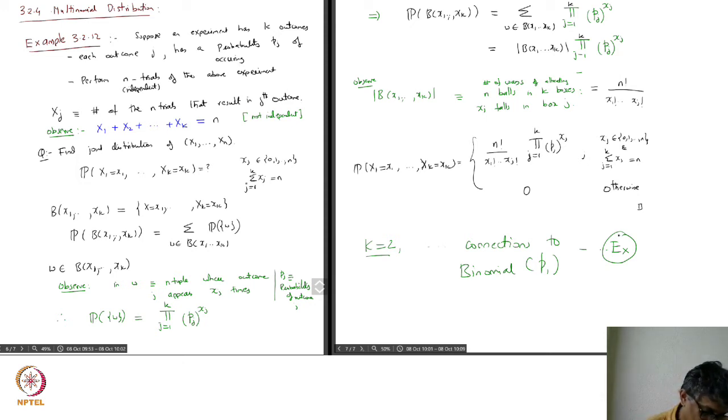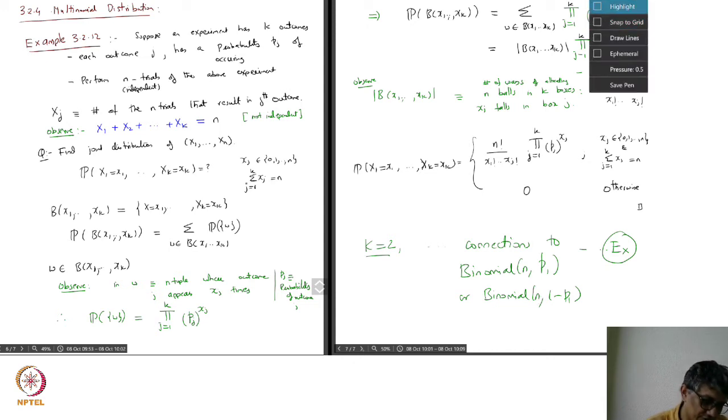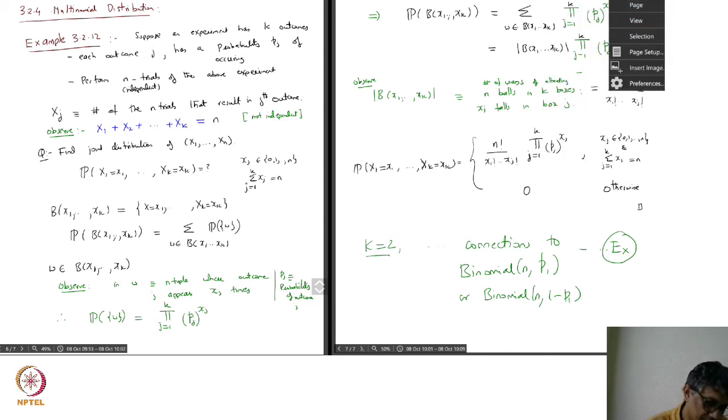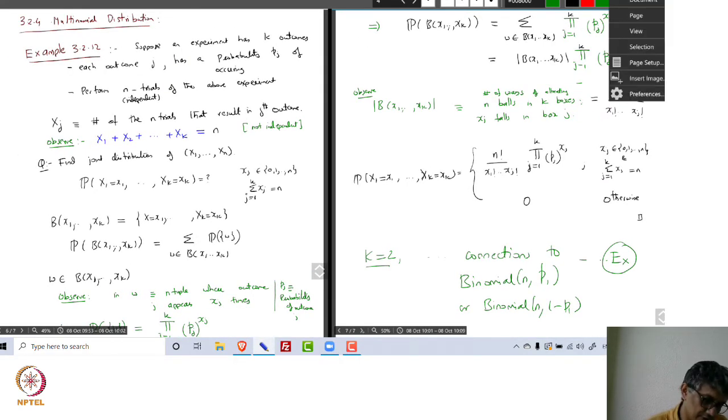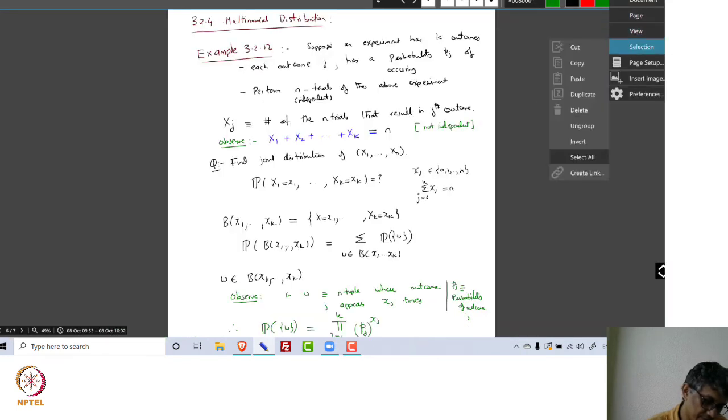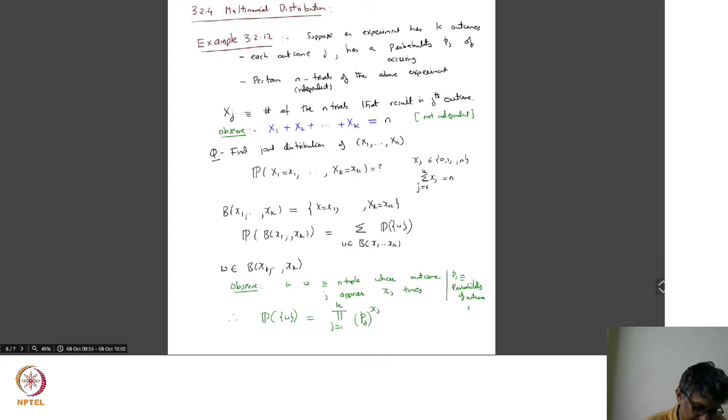So binomial with p1, or binomial with 1 minus p. So these should just have n here. Let me go back to my full screen view. Oh no, not split screen. No split view.